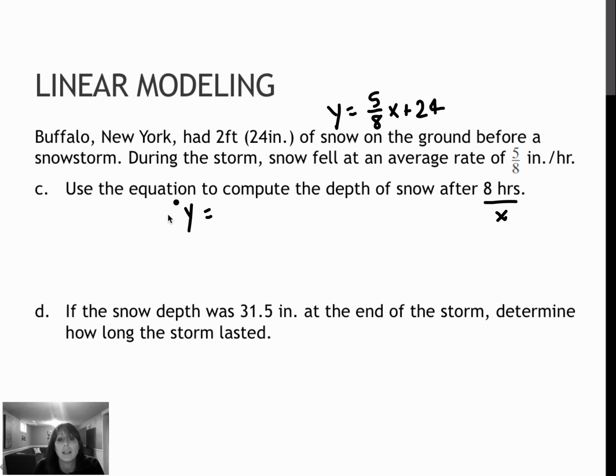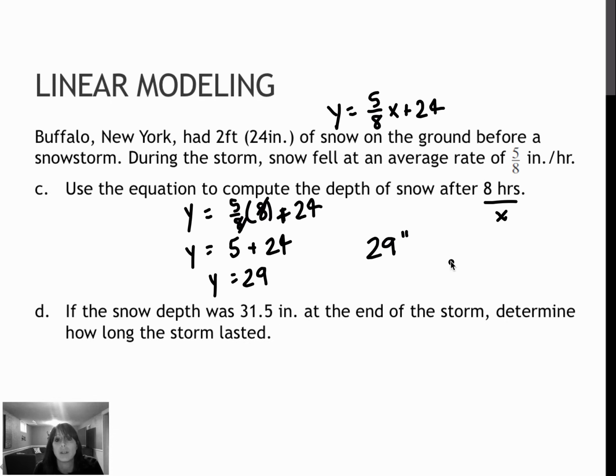So I'm finding the depth of snow, which is y, by plugging in 8 hours. When I take 5/8 times 8, I get 5. Oh, that's supposed to be a plus, sorry about that. And I end up with 29, which means after 8 hours, the snow depth is 29 inches. And again, I would probably write that as a sentence.